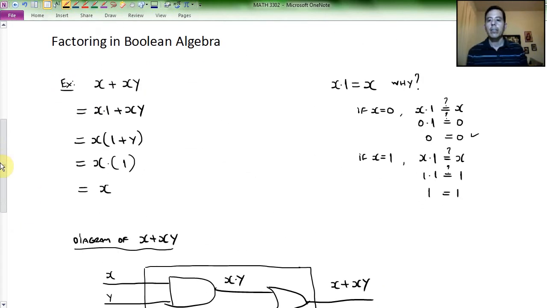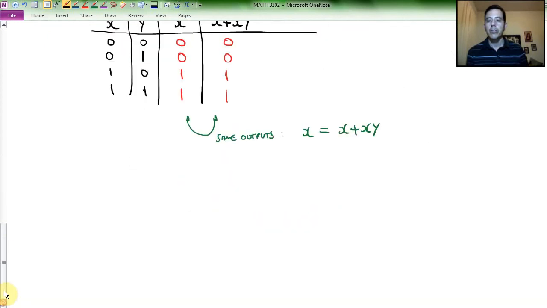Okay, now let's take a look at the other example that I would like to show. This one is an unusual, very unusual factorization that is not found in the regular arithmetic or algebra that we know from calculus and algebra courses. And this one is this, x times x plus y.